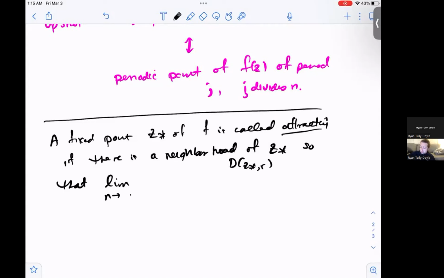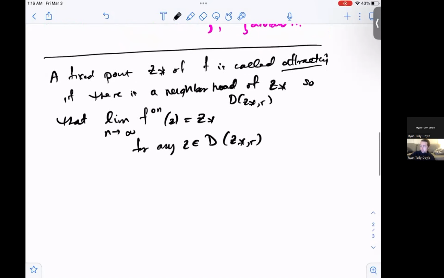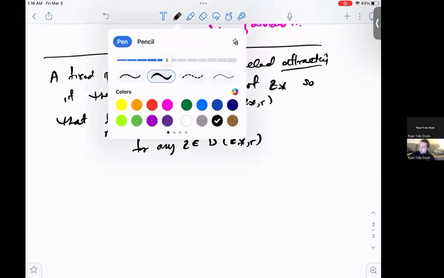So the limit as n goes to infinity of n iterations of f applied to z converges to z star for any z in D. So if I can find any neighborhood in that initial neighborhood that converges, then we call that an attracting fixed point.